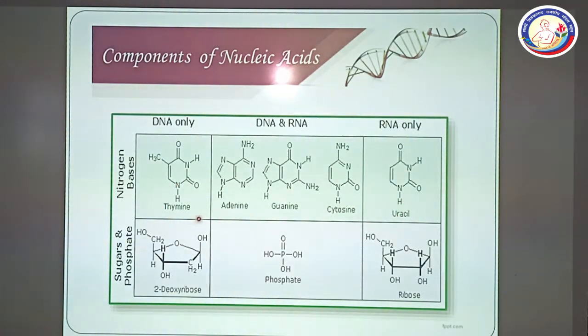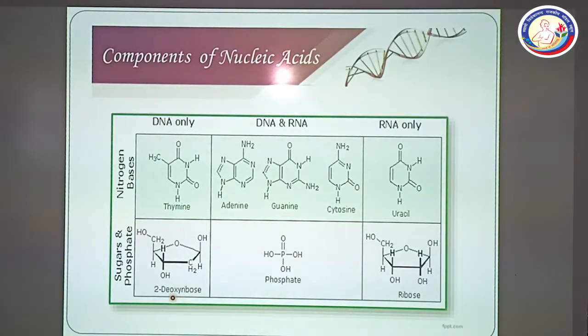So thymine is the specific base of DNA only. It is not found in RNA, while in RNA, uracil is present in place of this. DNA and RNA contain some common nitrogen bases, that is adenine, guanine and cytosine.